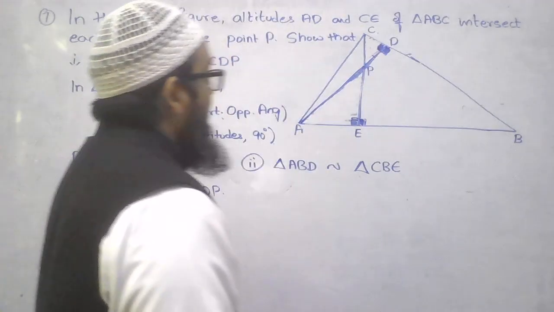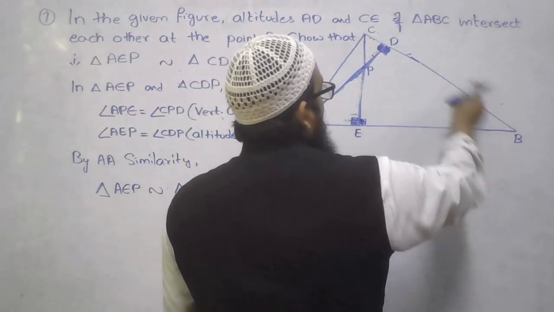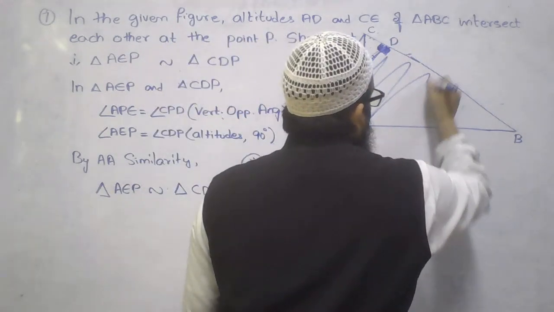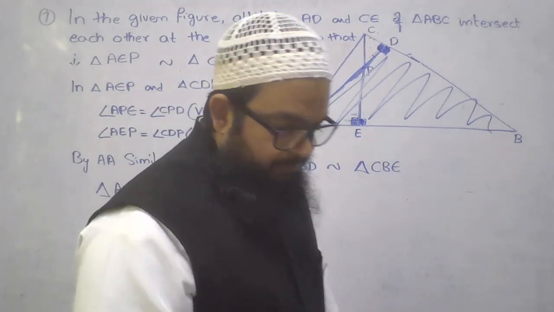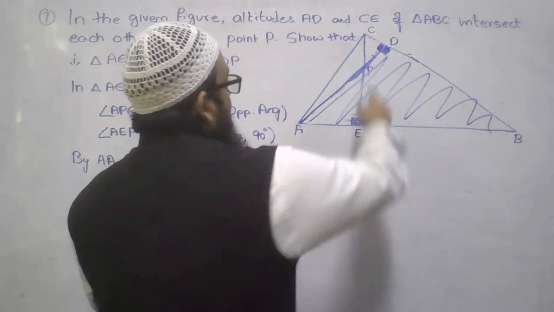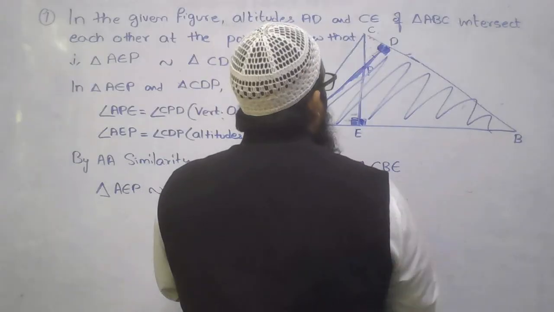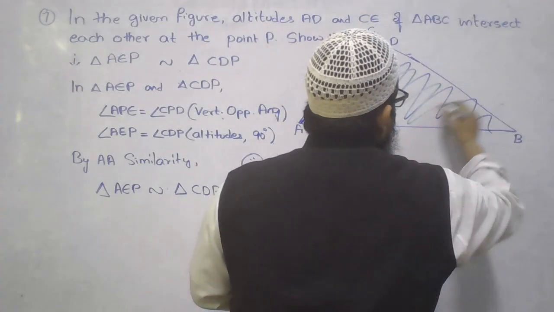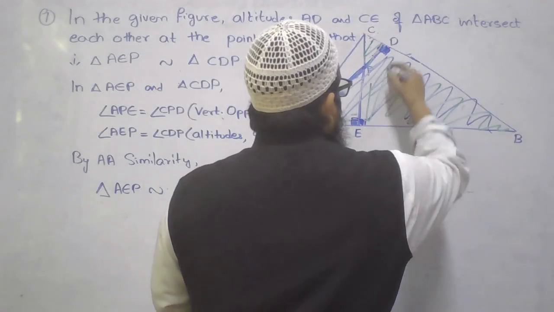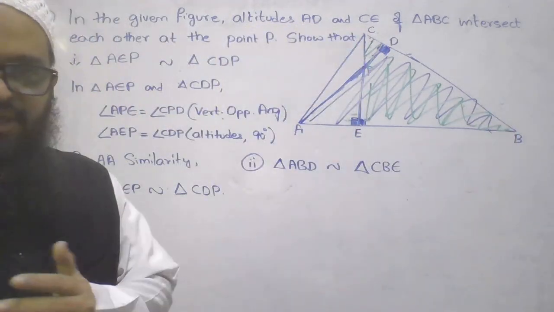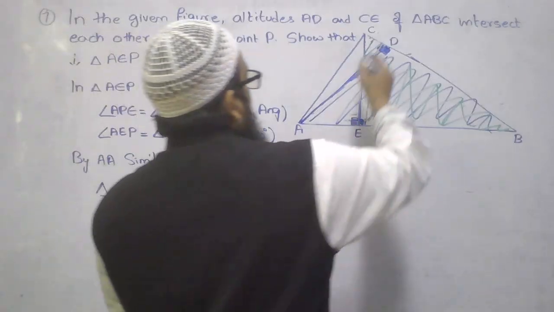Where is ABD? A, B, and D. It is this blue triangle, and after that he is telling CBE. Where is CBE? Let me draw with green. So he is talking about these two triangles. Are you able to see where the blue and green are?